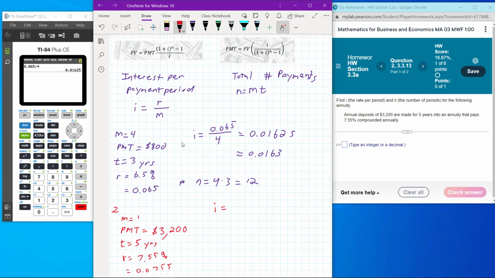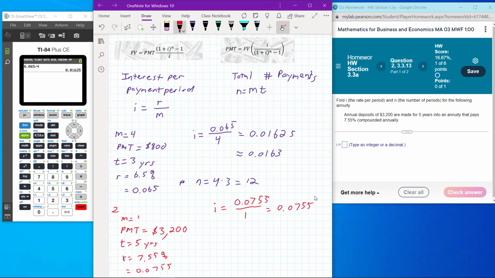I is going to be R over M. R is 0.0755. M is equal to 1. So this is just 0.0755. Now, in our box here, that doesn't tell us how many decimal places we should put in. But notice that since our decimal terminates, we should probably put in all the points.